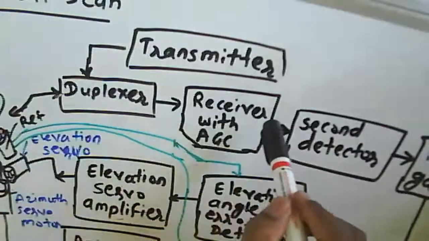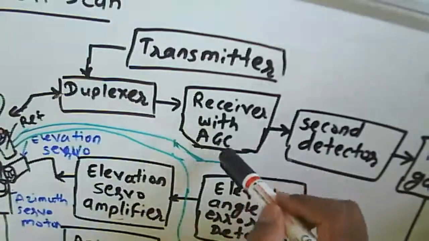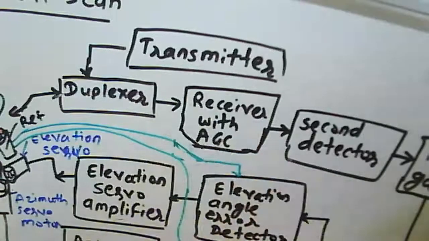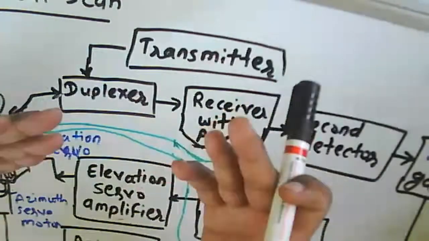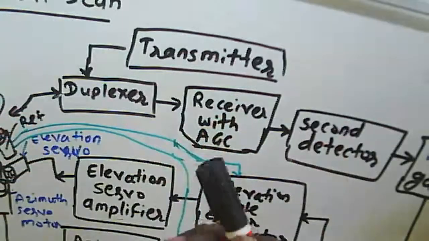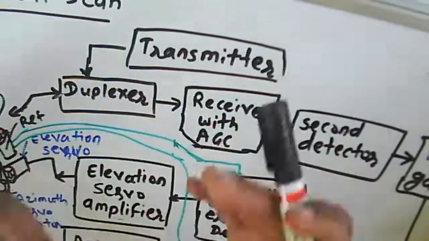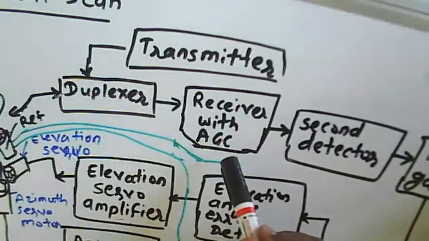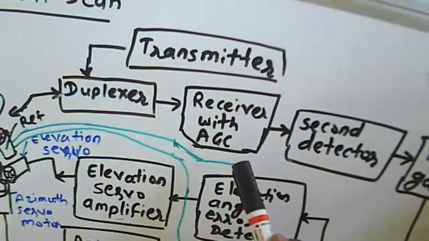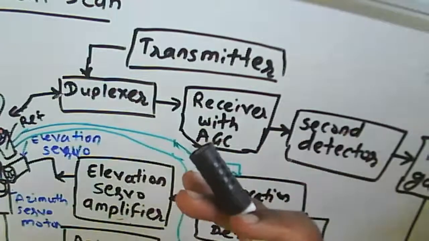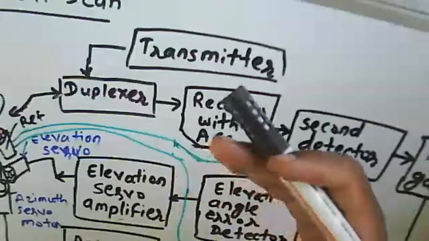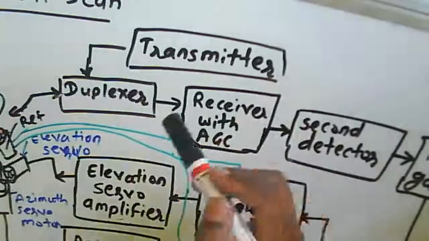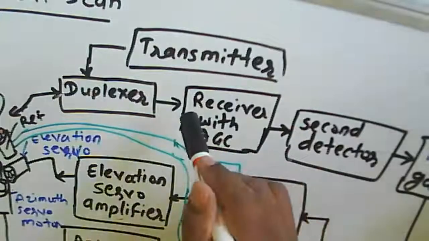Then we have the automatic gain control here, which is useful if there is any variation in the amplitude or level of the signal. AGC will control that level and maintain the signal level, so that the amplitude variation can be maintained.